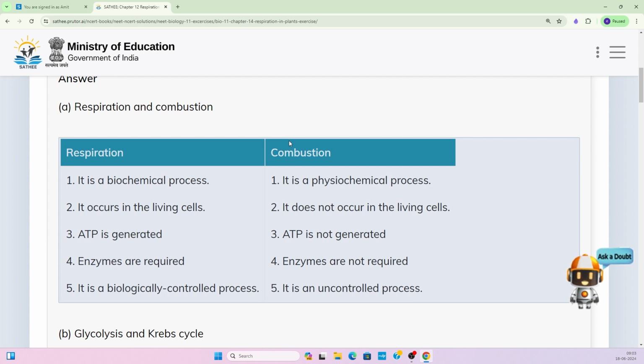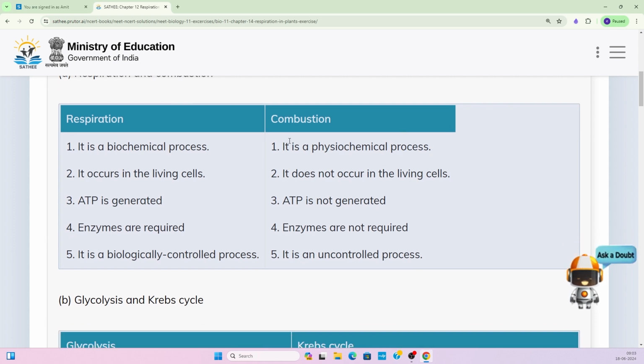Column wise difference is given over here. Respiration is a biochemical process, because in the presence of enzymes many biochemical reactions take place. Whereas combustion is a physiochemical process.